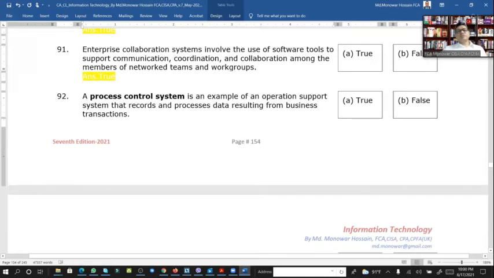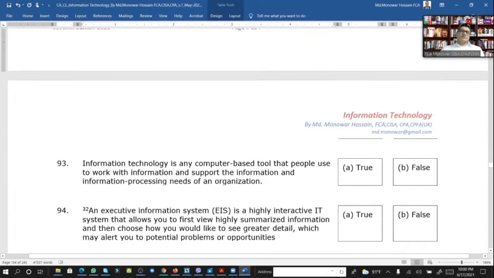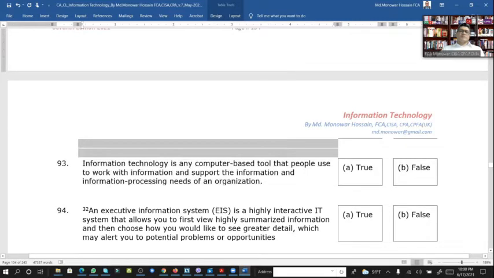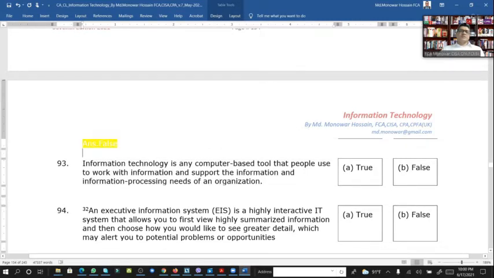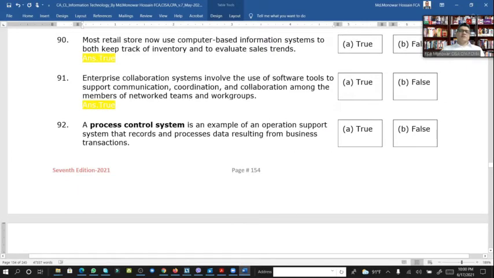A process control system is an example of an operation support system that records the process data resulting from business transactions. So true? No, false. Why false?